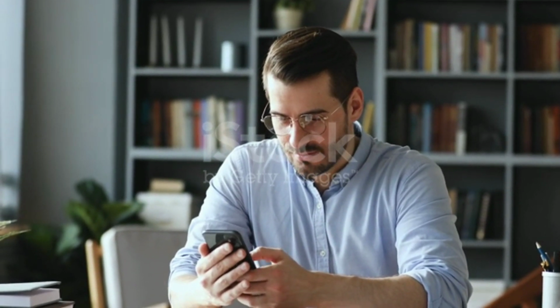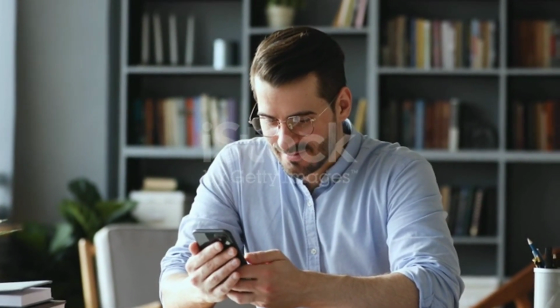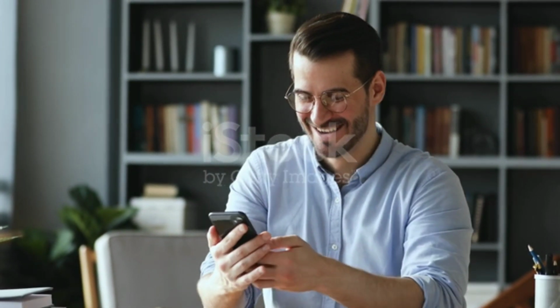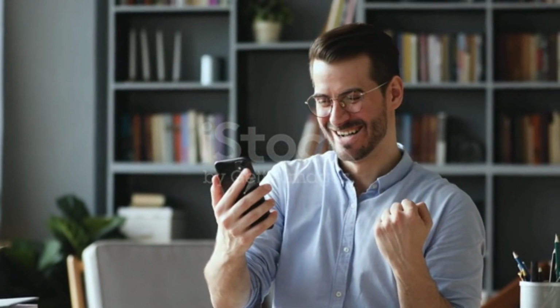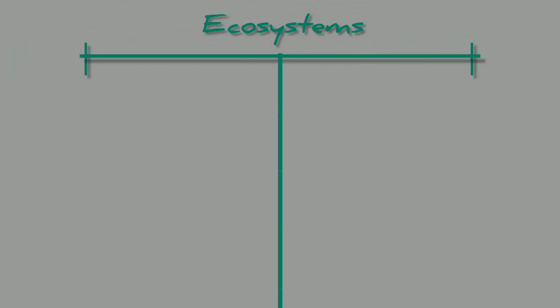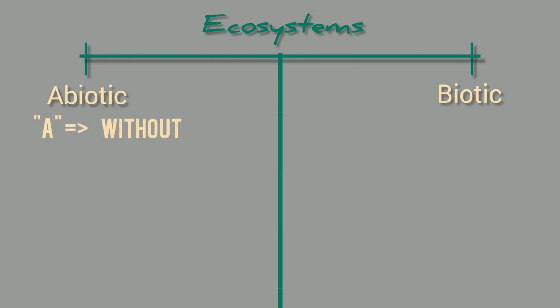In conclusion, let's review to understand better. An ecosystem is made up of abiotic and biotic components that work together to maintain balance. Abiotic is preceded by the prefix a, which means without, followed by the Greek word bios, which means life.